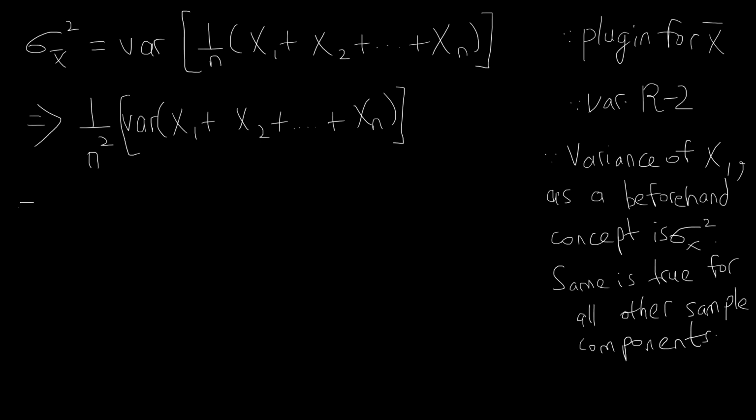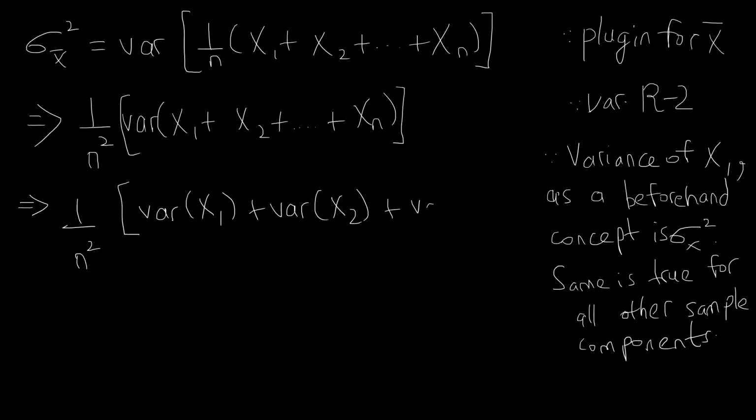So over here, this becomes 1 over n squared times the variance of x1 plus the variance of x2 plus dot dot dot the variance of xn. Now, in principle, obviously, we do have a lot of covariance terms.